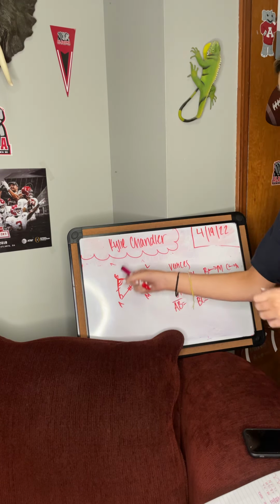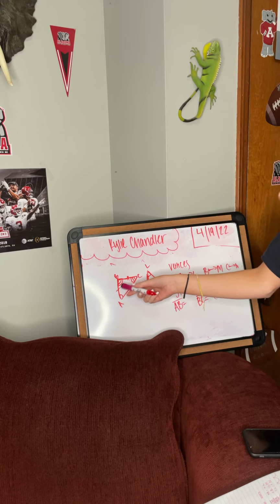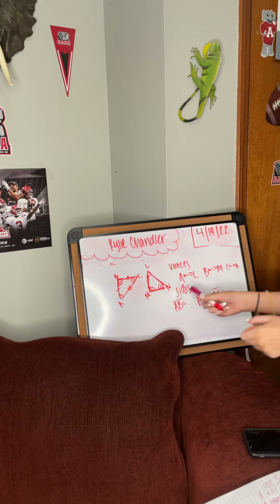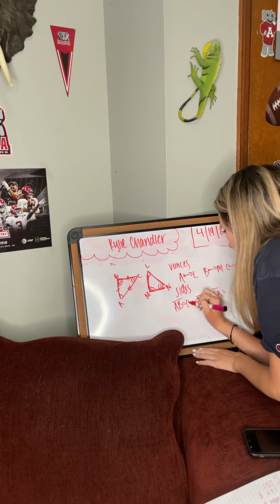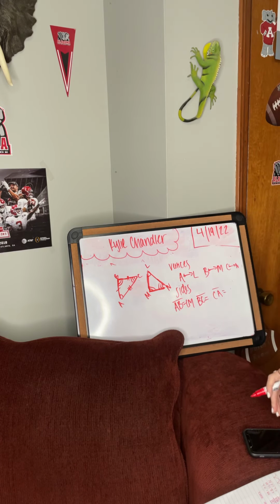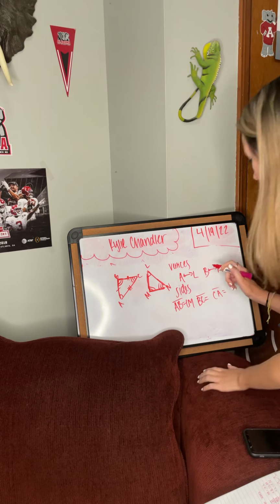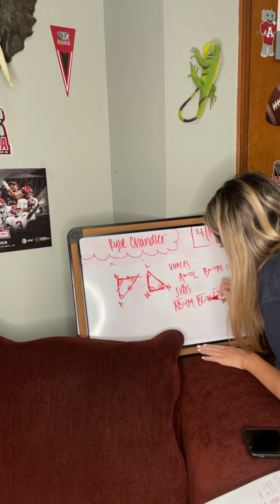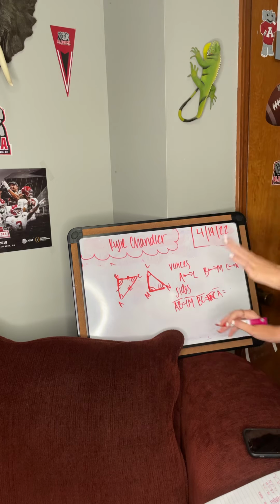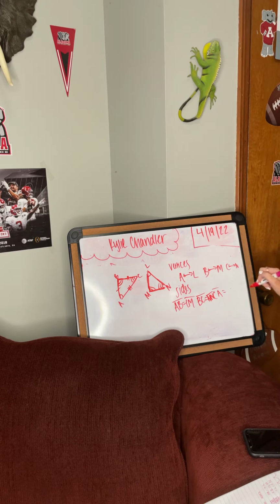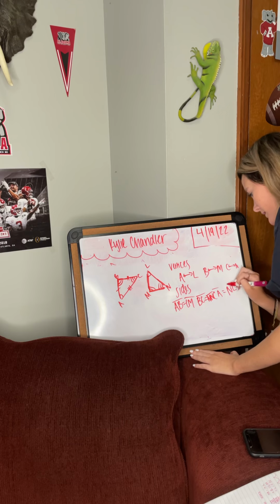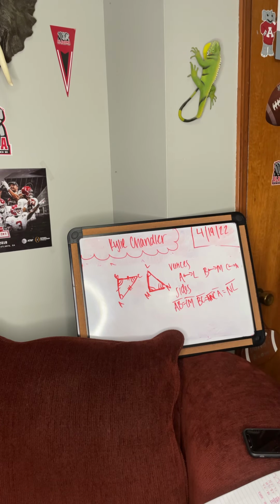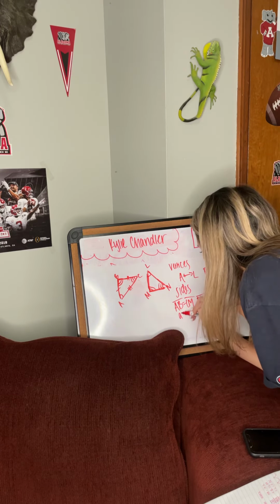Side AB is going to be the same as, look over here, LM. Side BC is going to be the same as MN. We didn't really make enough room for that. MN, don't forget the lines over it, almost forgot that. And then CA is going to be the same as NL.